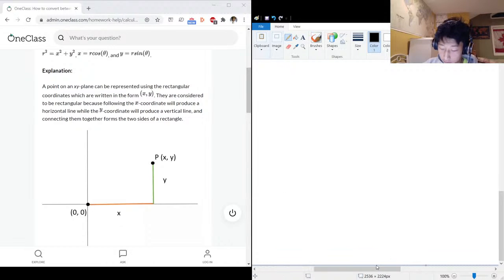Well, we have special equations that help us do that. So we know x is equal to r multiplied by cos theta, and y is equal to r multiplied by sine theta.